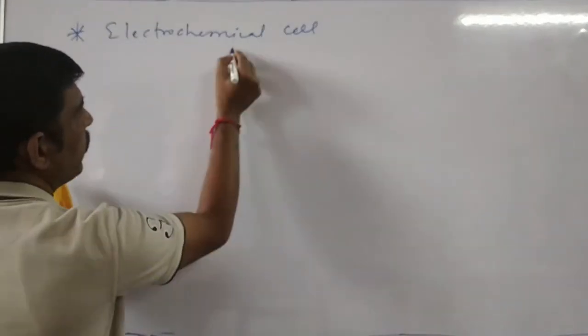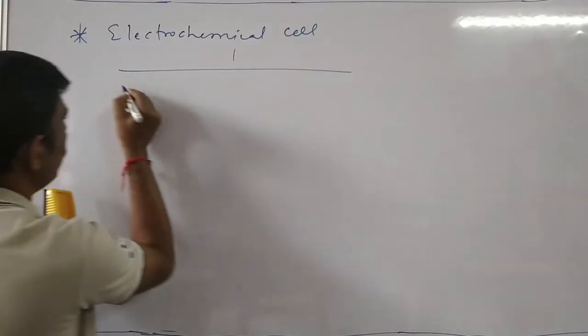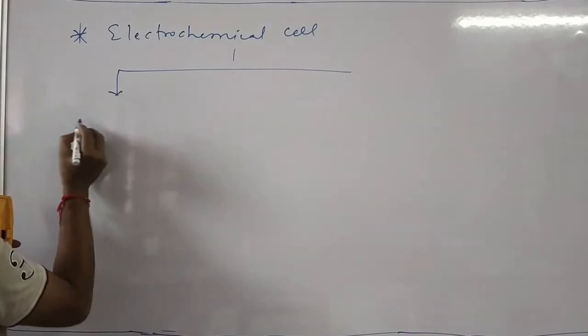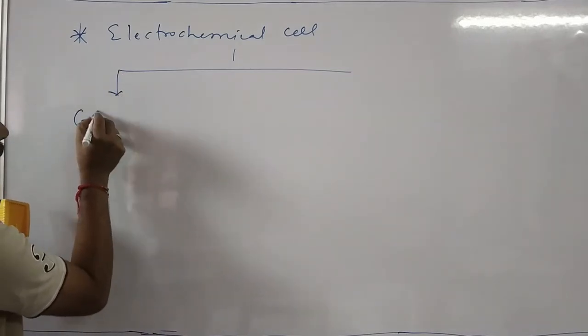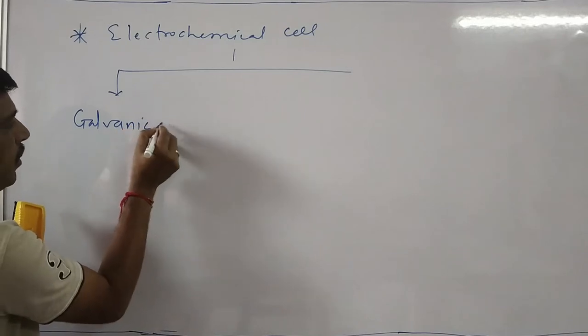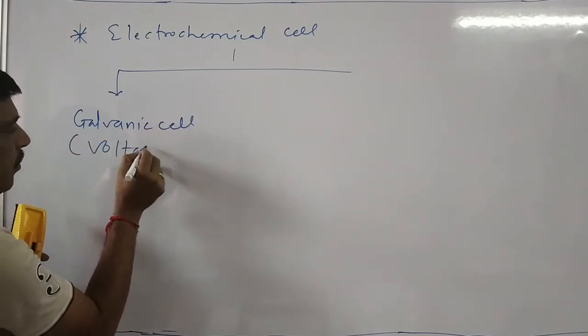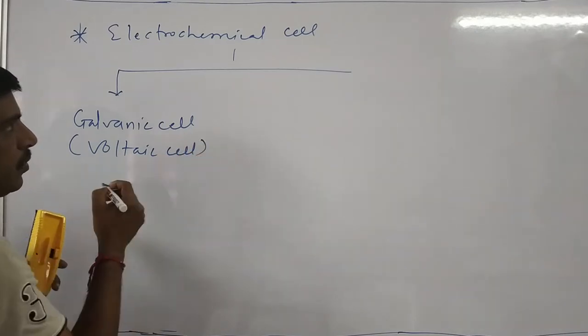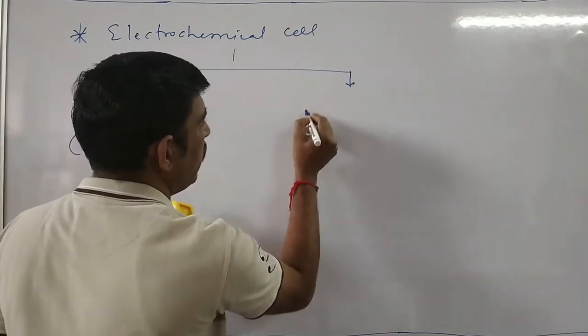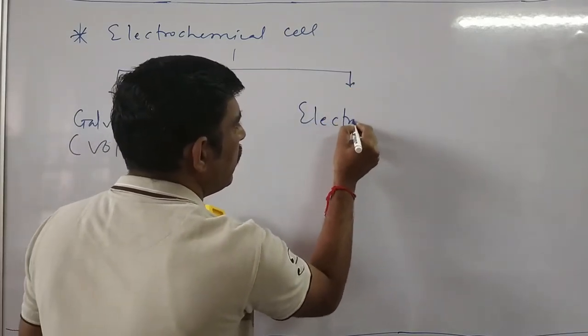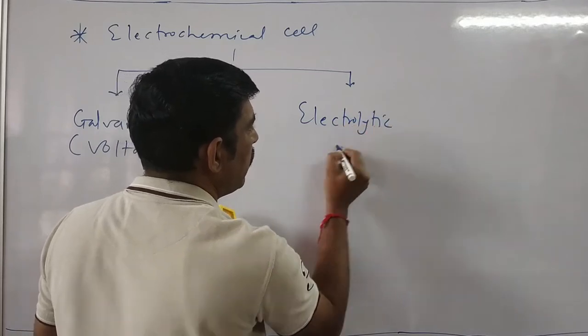Okay. So for this electrochemical cell, there are two different types. One is the galvanic cell. It is also called the voltaic cell. Then the second is the electrolytic cell.